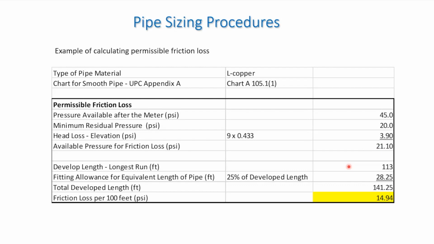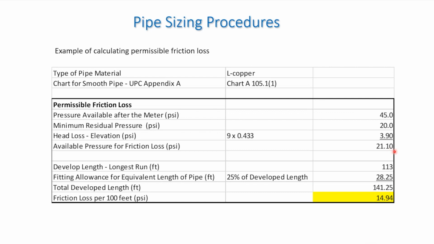Then you calculate your developed length, your longest length of run of pipe. Then you have to allot for your fitting allowance, the friction loss through fittings. This is something that Gary Klein is currently researching, re-evaluating friction loss tables for plumbing fittings.